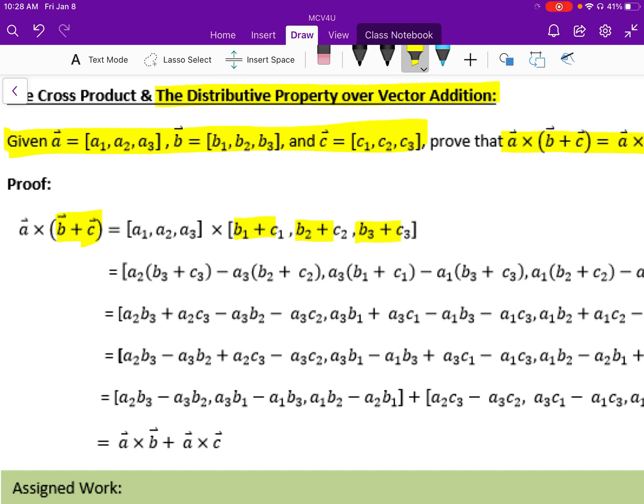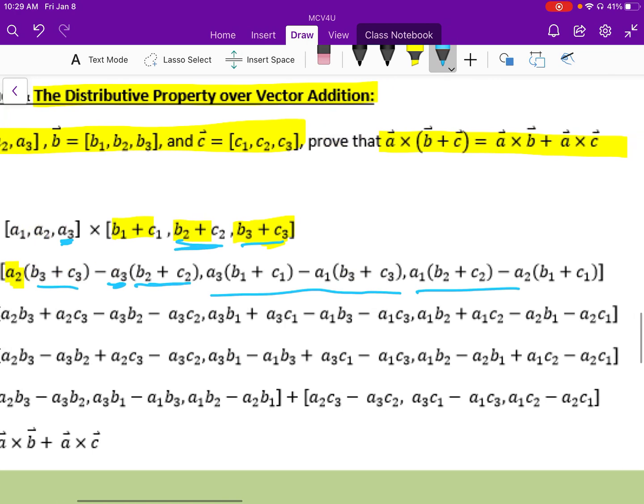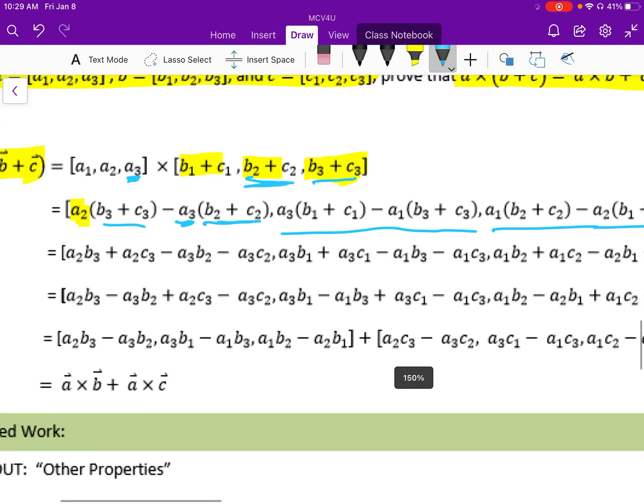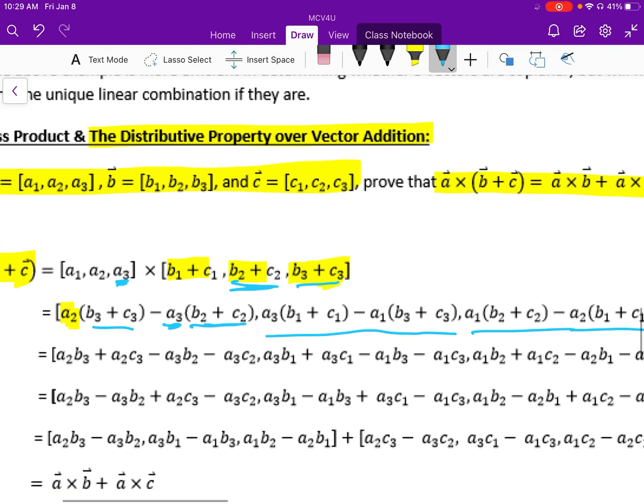All right, we're looking at the A2 times the B3 plus C3, there it is there, minus A3 times the B2 plus C2, okay? That's the X component only. The Y and the Z work out the same way, all right? And you can go through that if you don't believe me, but it's the same way.